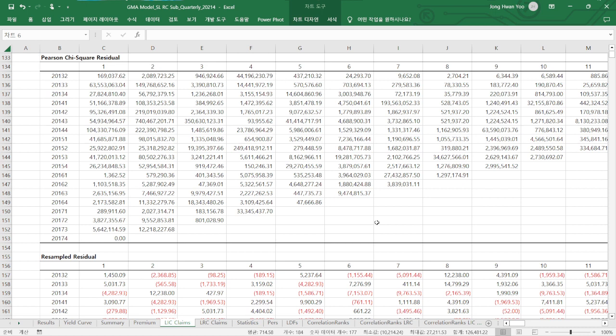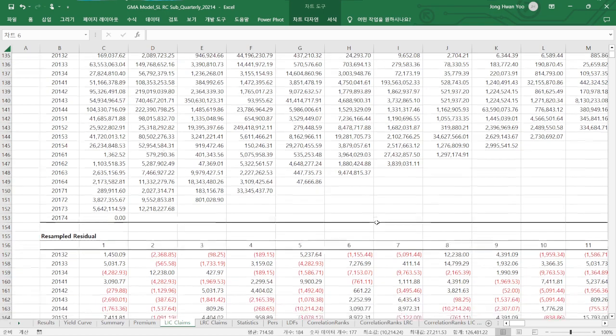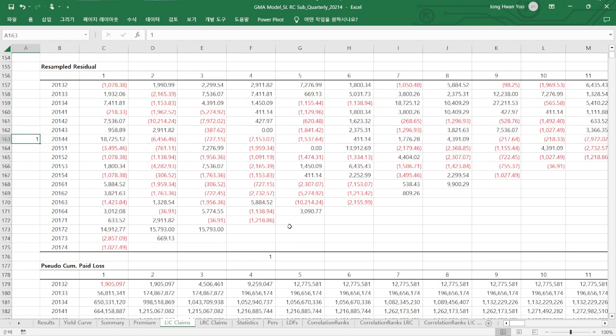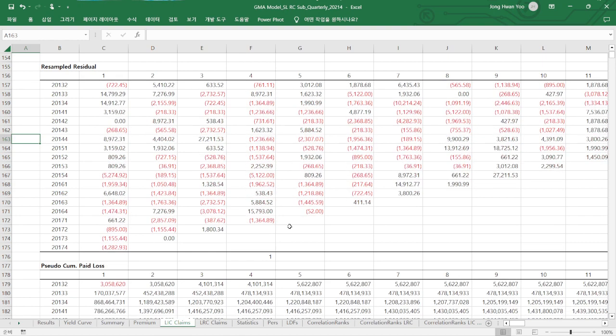You want to apply random sampling with replacement, which is called bootstrapping, to create historical pseudo triangle data samples, whatever number that you want. And then using some random functions here, out of this accident year and development year frame structure, you can have a resampling.